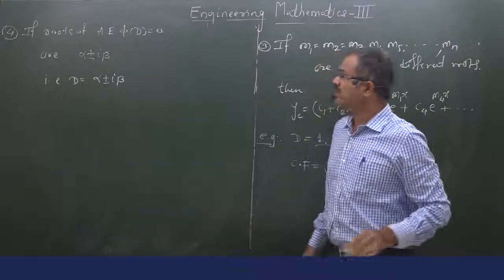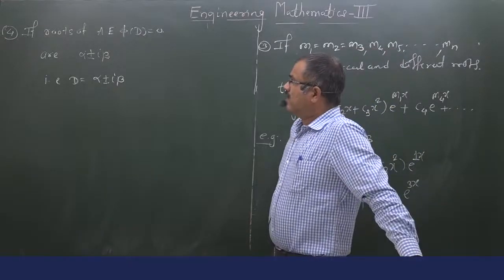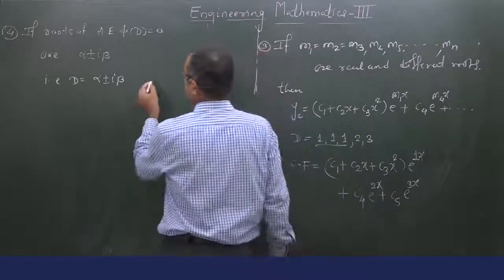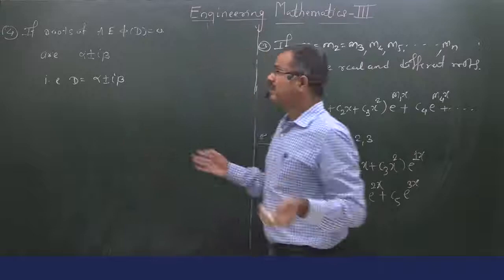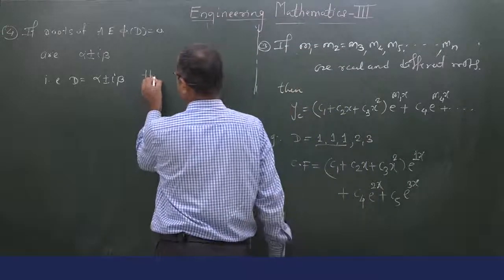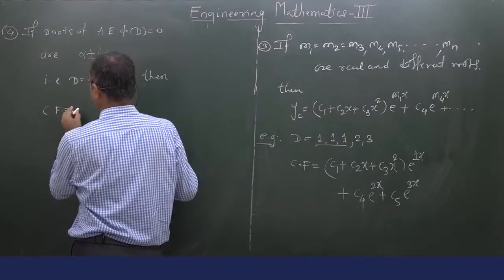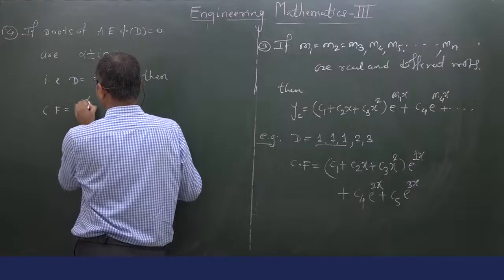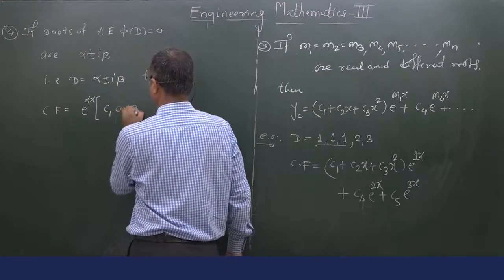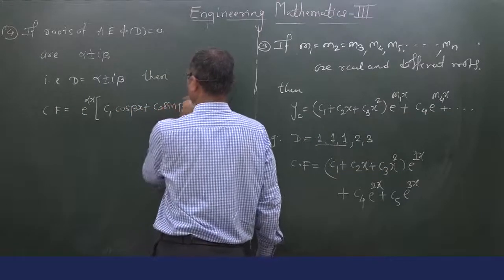If the roots are complex, or imaginary, and unequal or different, then the complementary function yc is equal to e to the power alpha x times (c1 cos beta x plus c2 sin beta x).